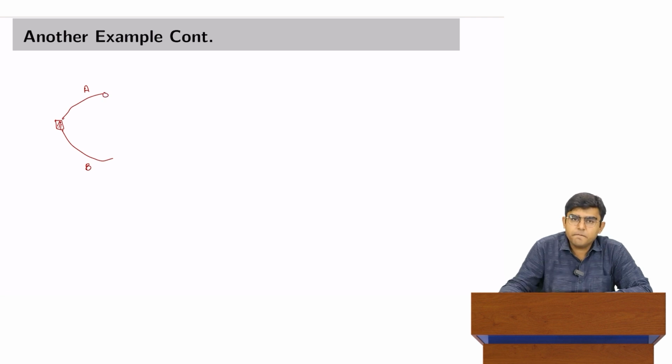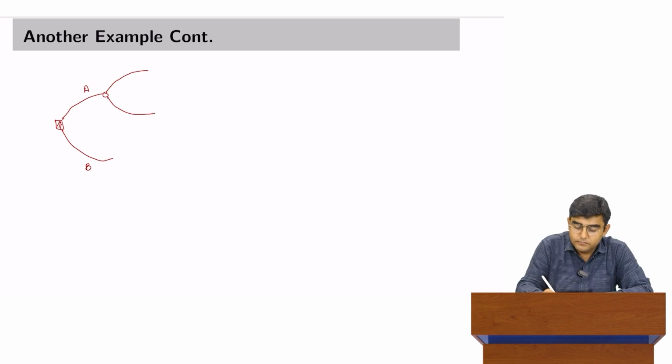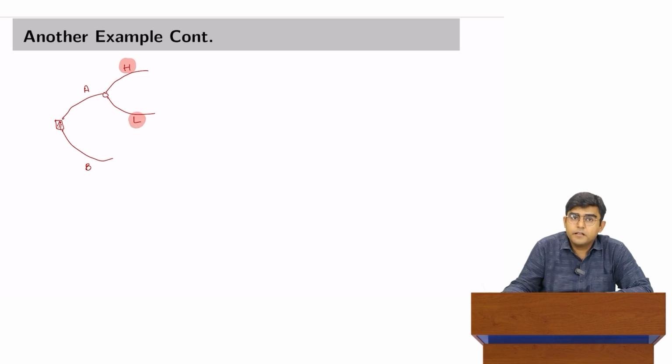If we go for A, we have two possibilities, that we may have high efficiency or we may actually have low efficiency, which we don't know. That is where this probability again comes into picture.